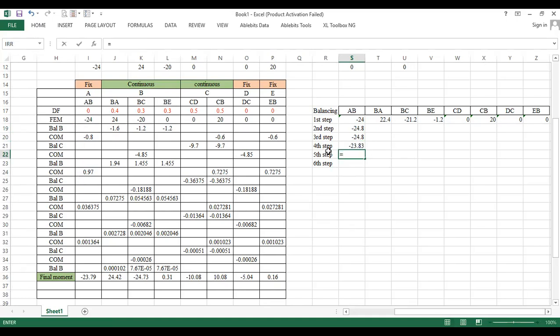This is 5th balancing step, right? This was 6th balancing step. Am I right? Yes. This was 7th balancing step.